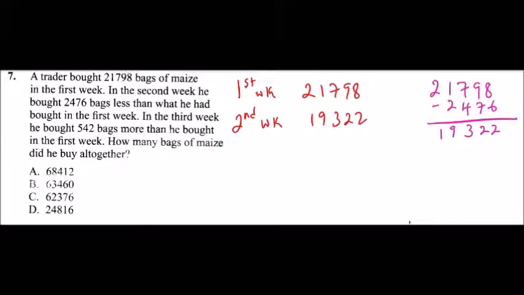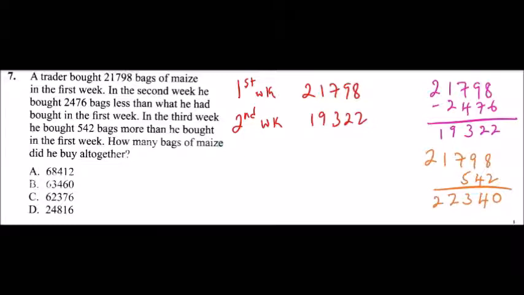Then in the third week, he bought 542 bags more of what he had bought the first week. So what you do is you add 542 bags more to what he bought, 21,798. So when you add that, you get this is 0, this is 4, this is 3, this is 2, and this is 2.